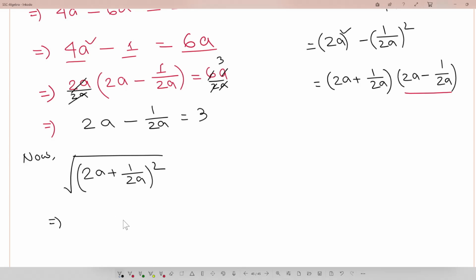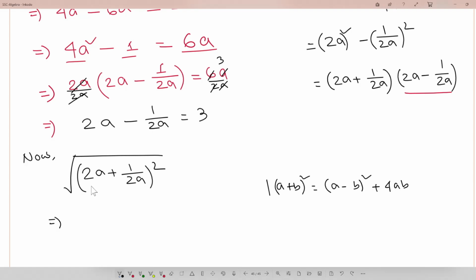So we know a theory which is a plus b whole square equals a minus b whole square plus 4ab, right? So in this case it will be 2a plus 1 by 2a whole square and square root. It means this one and this one out. So it's a simple thing, right?